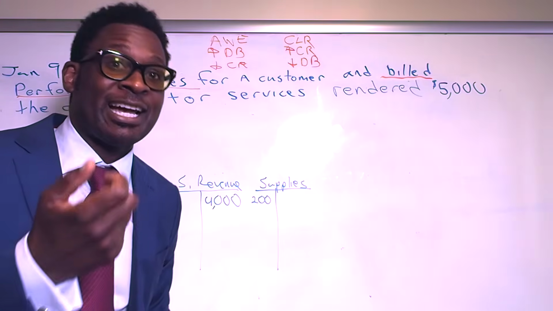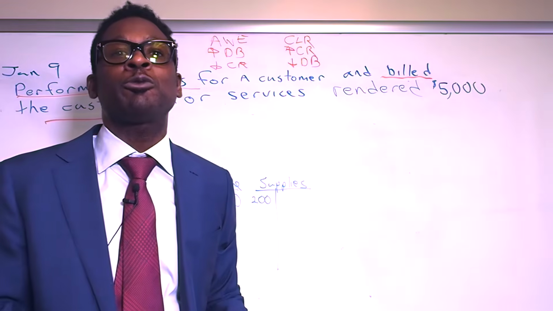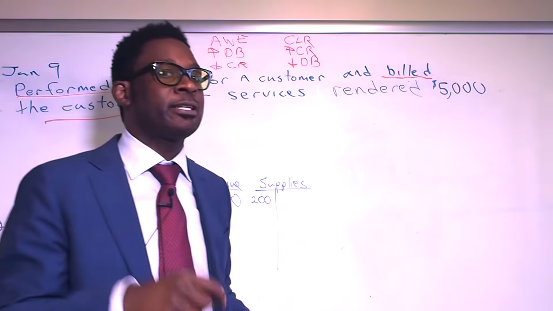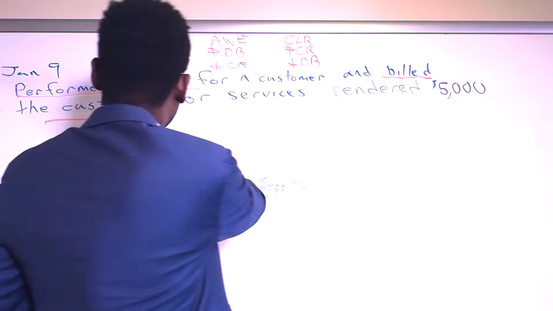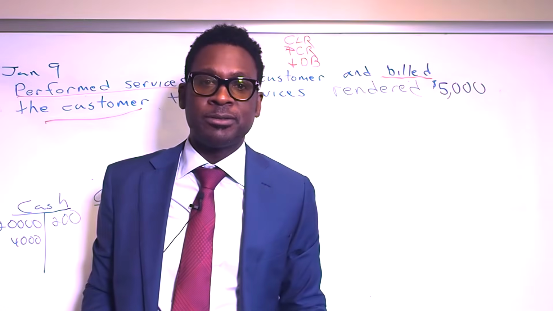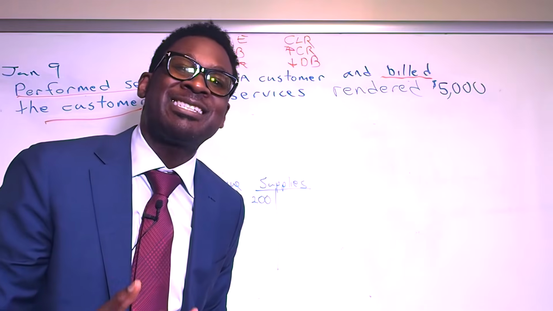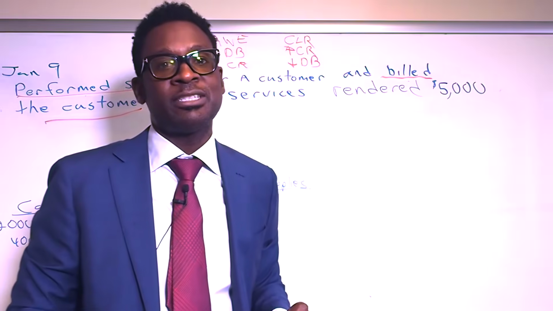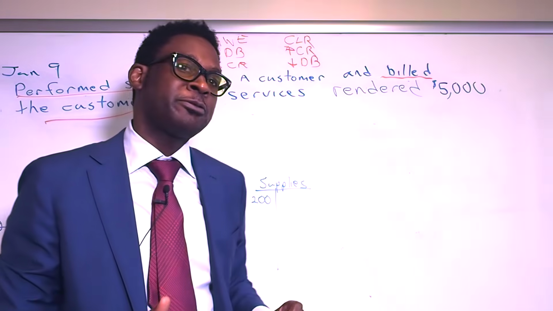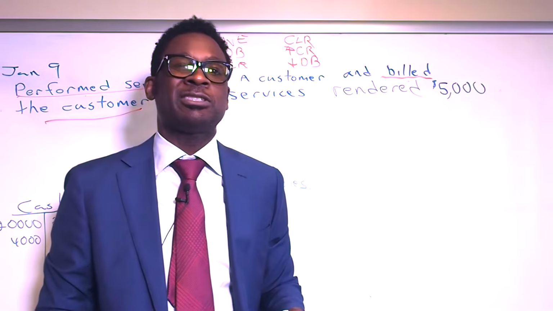Perform services obviously means that revenues were affected. Anytime we provide a service or sell a product, we are earning revenues. We provided a service and billed a customer. So basically, we set up an account to collect in the future, which happens to be accounts receivable. So our revenues account has been affected as well as our accounts receivable.